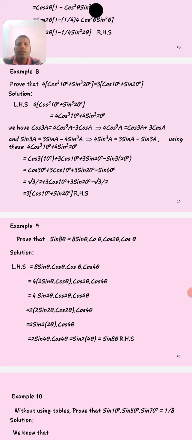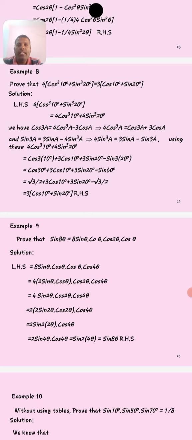Prove that 4 into (cos cube 10 degrees plus sin cube 10 degrees) is equal to 3 into (cos 10 degrees plus sin 20 degrees). Now we have to take the LHS. 4 into (cos cube 10 plus sin cube 10) is equal to, we have to multiply: 4 cos cube 10 plus 4 sin cube 20. We have cos 3a is equal to 4 cos cube a minus 3 cos a. 4 cos cube a is equal to cos 3a plus 3 cos a.